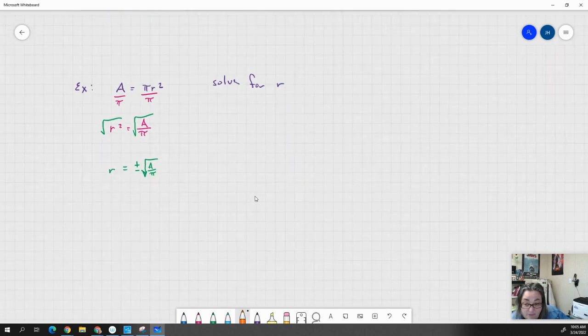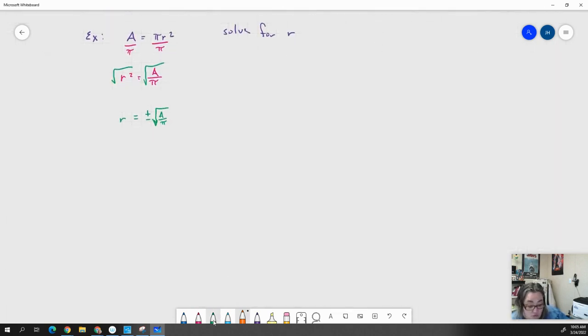If I have A equals 1/2 the base times the height, B times H. And we want to solve this for H. That means we want to get H all by itself.